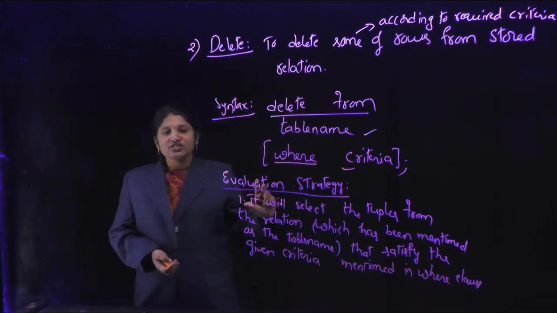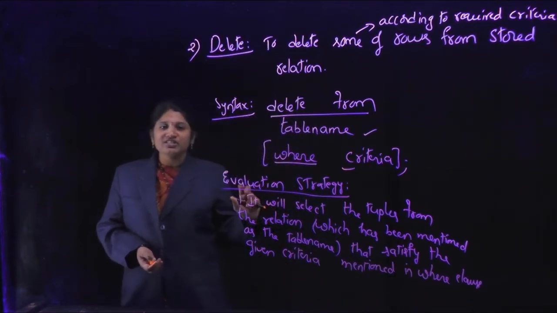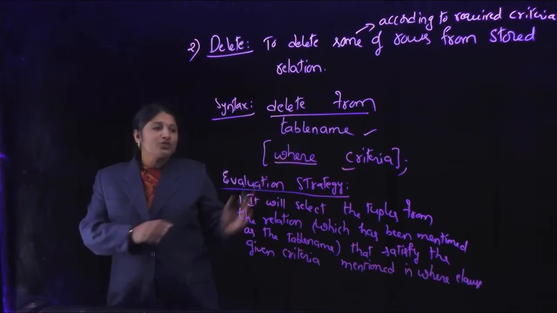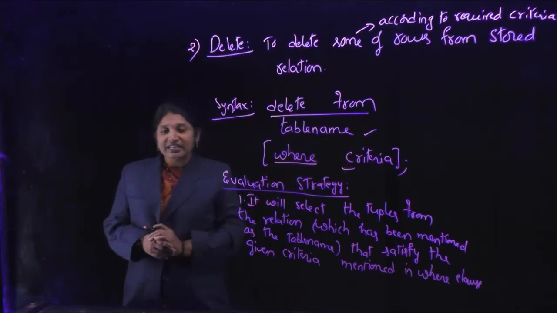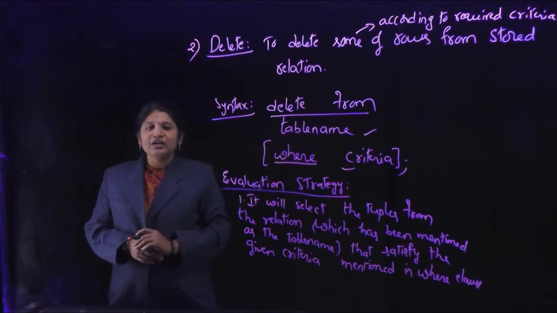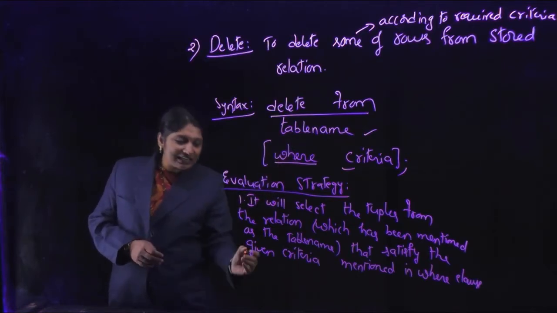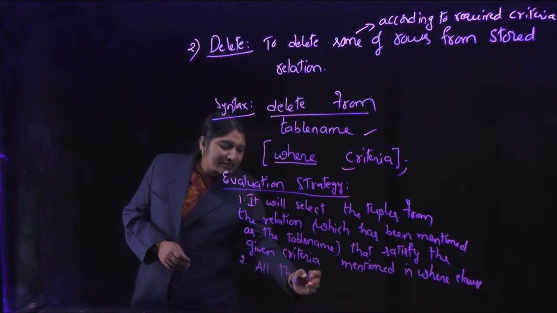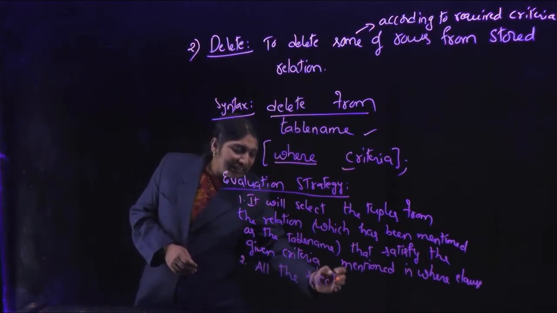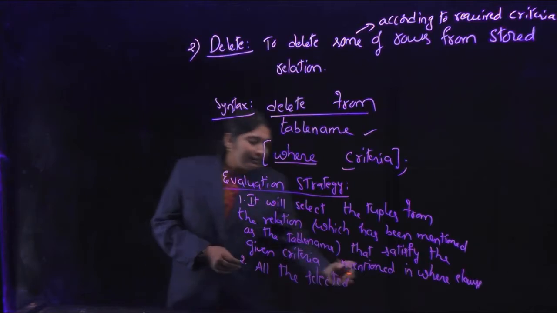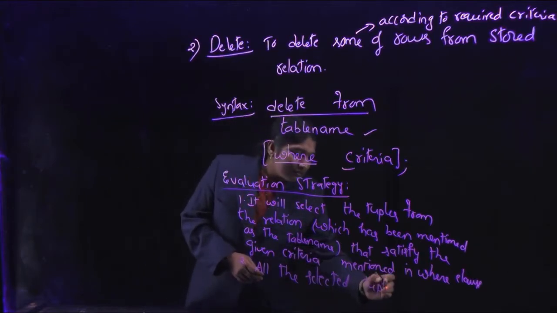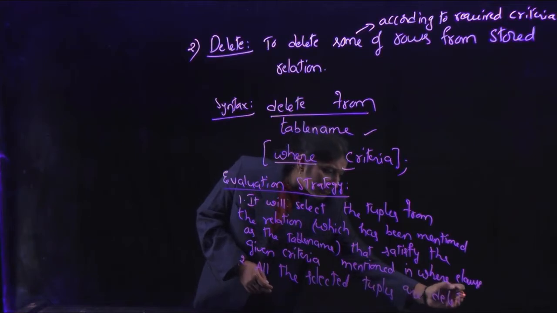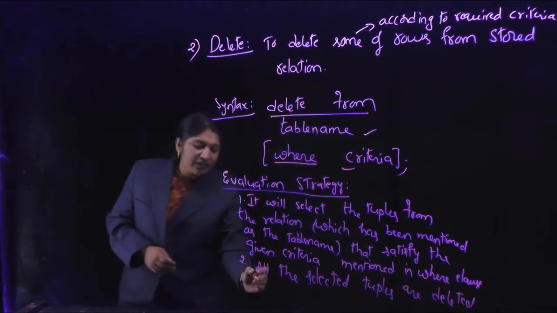So the first step the SQL engine performs is it will select from this table the rows which satisfy the criteria mentioned in the where clause. After selecting those tuples, all the selected tuples are deleted from that table permanently.